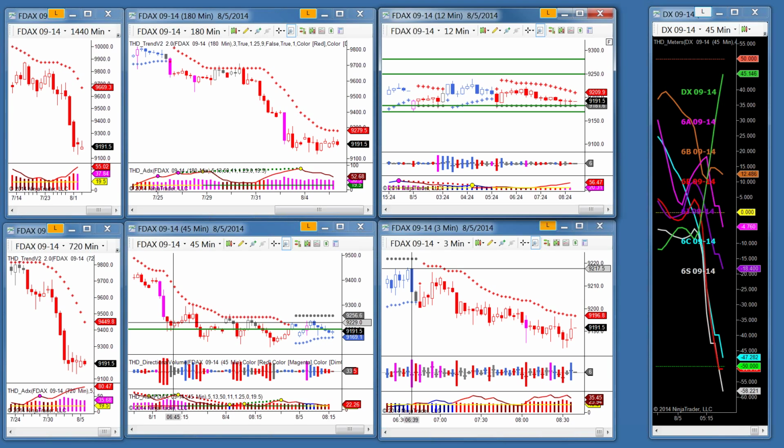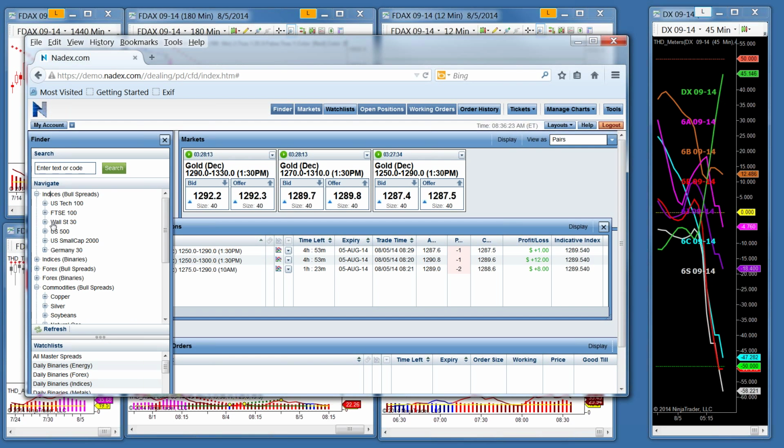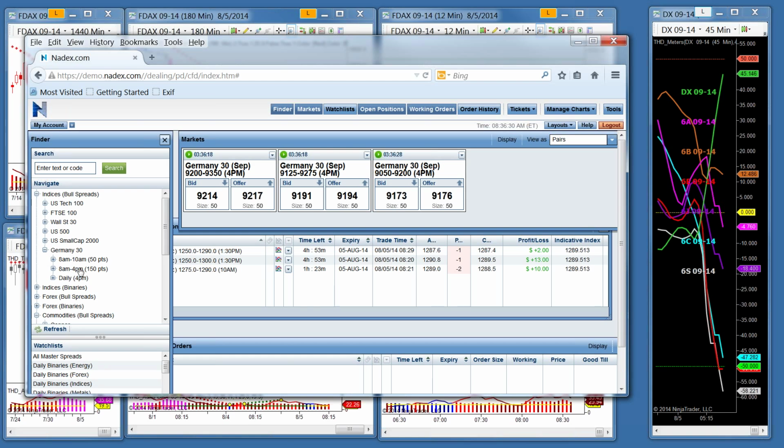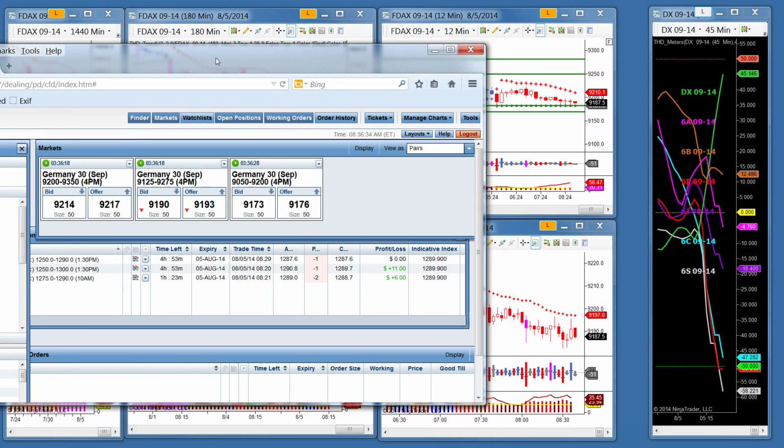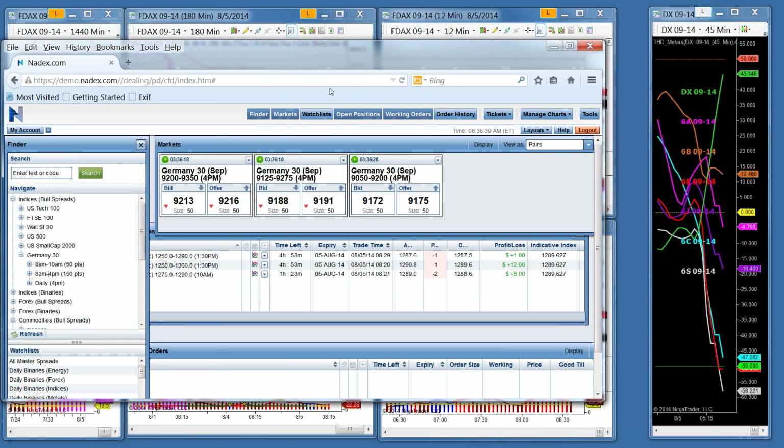Now, what would you do with that? Well, if you want a really low risk trade on that, you go over to the indices. You go to the DAX, which is the German 30, okay? Go out to the 8 a.m., 4 p.m., okay? What number is closest to price? Price right now is at 91.88.